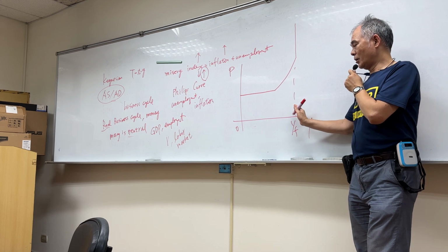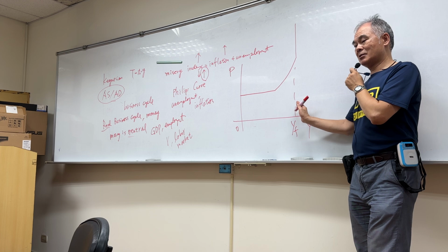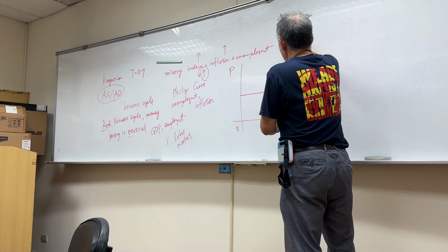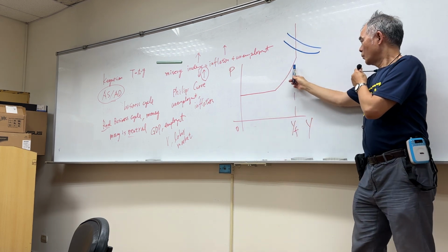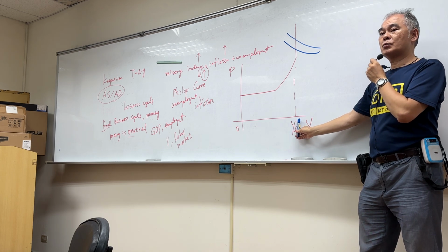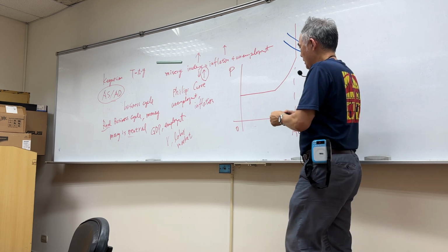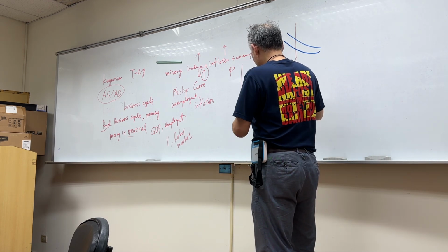So at this point, if there's a further increase in demand, what are you going to get? You're going to get an increase in price level without an increase in real production. And Keynes' idea is that generally the economy is like this.